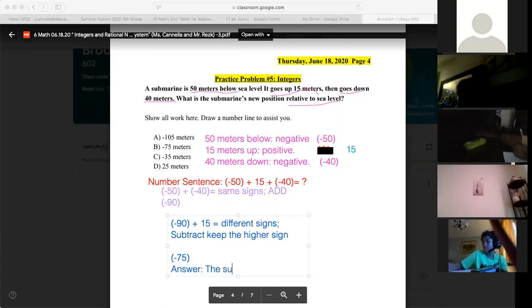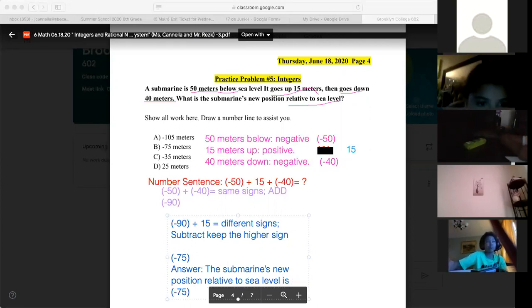B. The submarine's new position relative to sea level is -75 meters. And that is going to be B, as in boy. So that would be your answer.